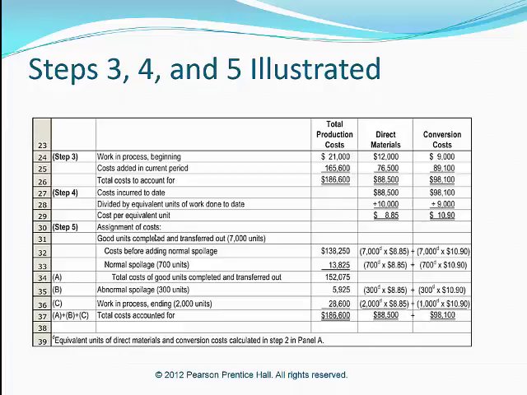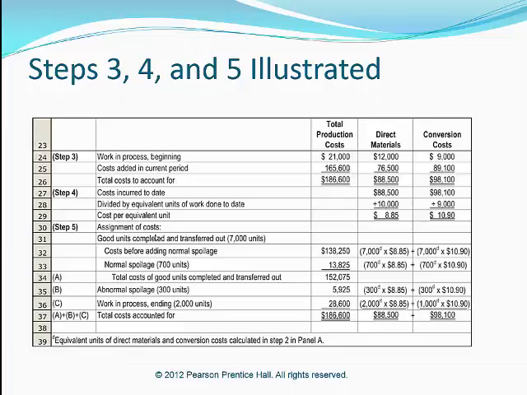All right, then we had the abnormal spoilage. They have a cost. And again, we're wanting to use our management by exception. We have got to highlight the fact that process isn't working so great and we have got some problems and we need to figure out what is going on. So 300 units at 100% as to direct materials and also as to conversion cost gave us equivalent units of 300 and 300.